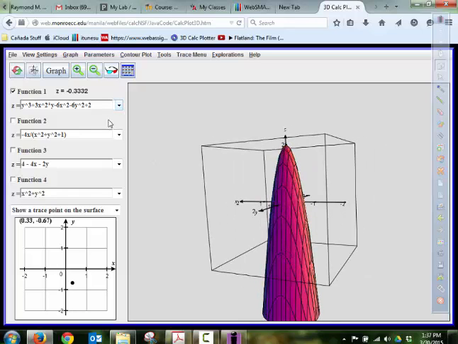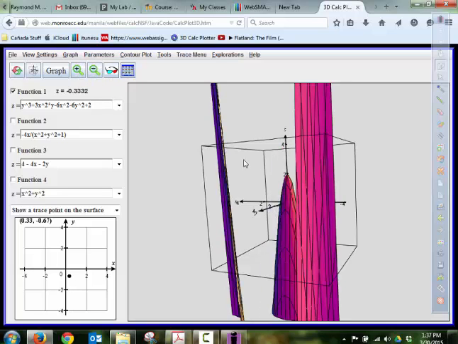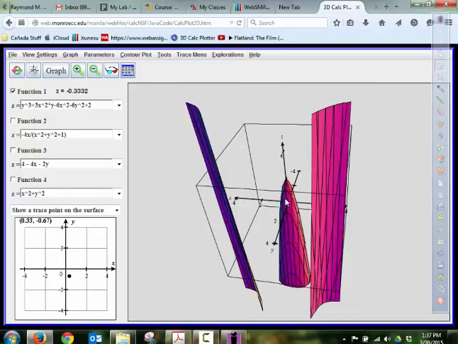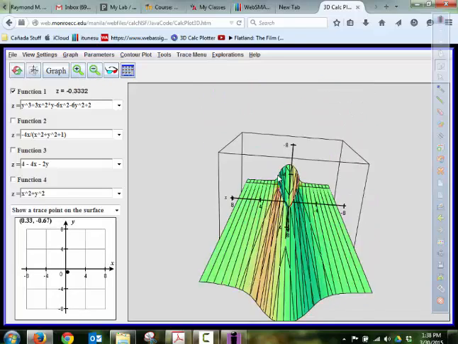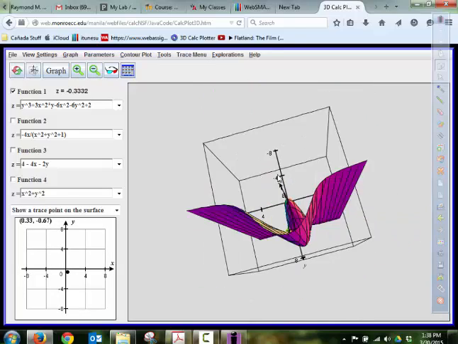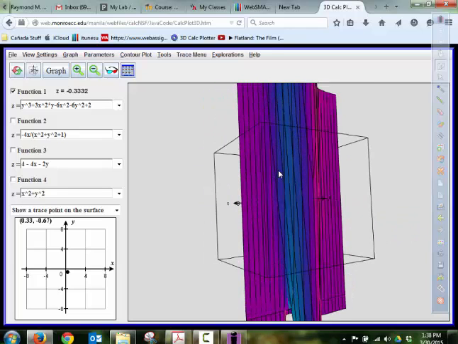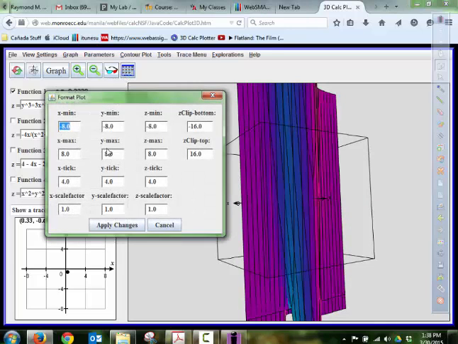Maybe we need to extend our critical points a little bit. Let's zoom out. All right, maybe we need to adjust. I'm interested in shrinking the z, or making the z go up higher and lower.